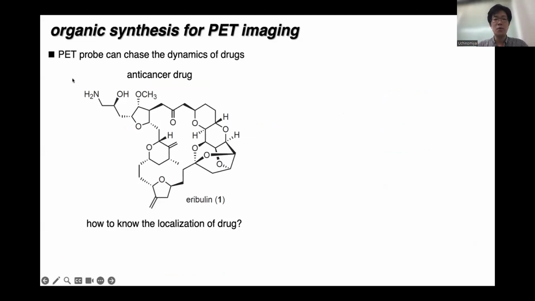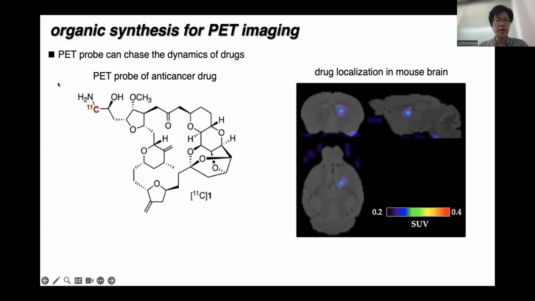The PET probe can chase the dynamics of a drug in our body. For example, in the case of this anti-cancer drug, we want to know the localization of this probe, and PET imaging is a very useful approach for this goal.